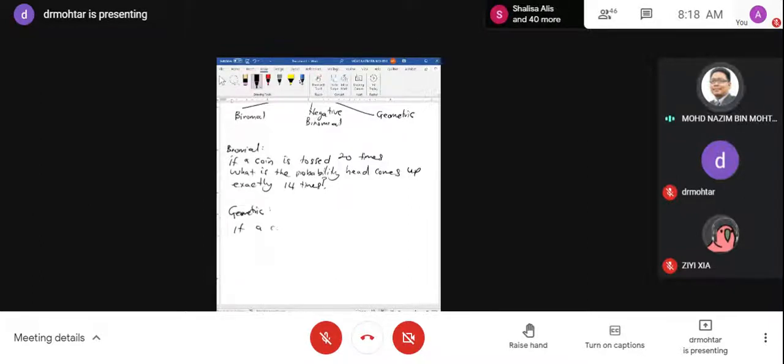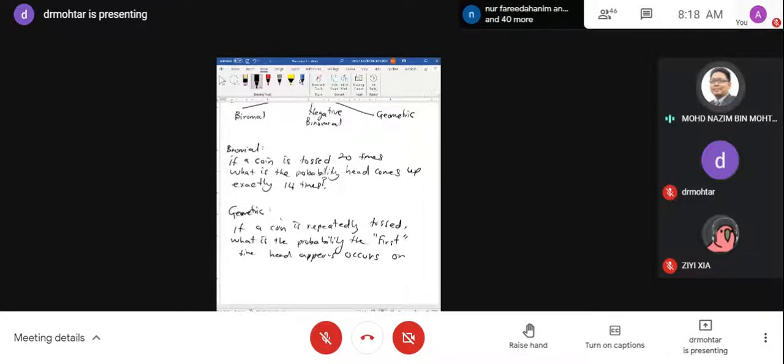If a coin is repeatedly tossed, what is the probability the first time it appears occurs on the eighth toss?